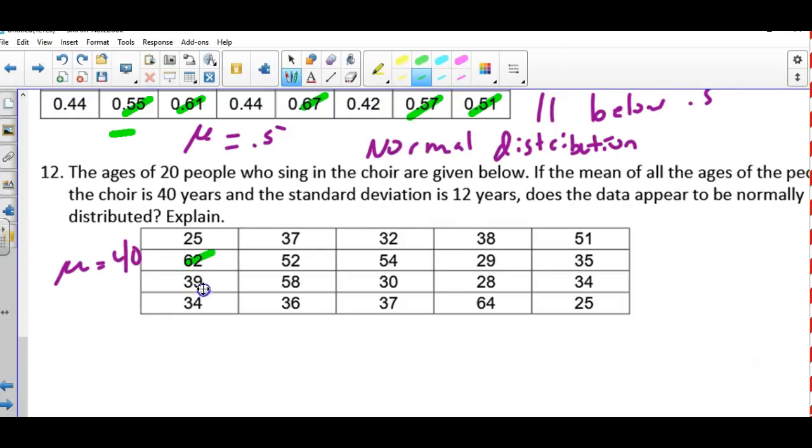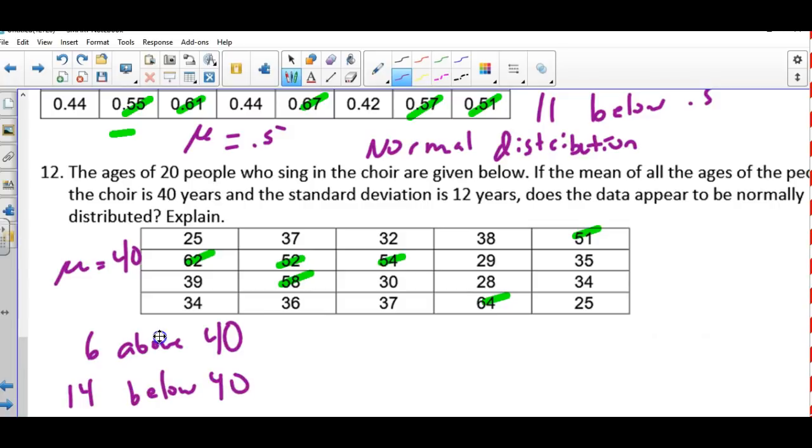So we have 1, 2, 3, 4, 5, 6. 6 people are older than 40. And then it's 20 people, so that means 14 are below 40.